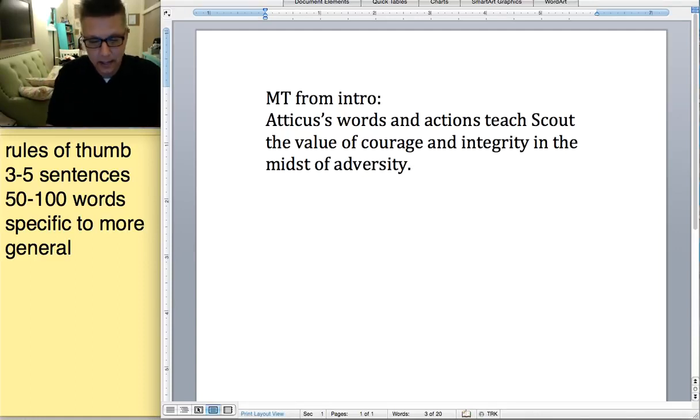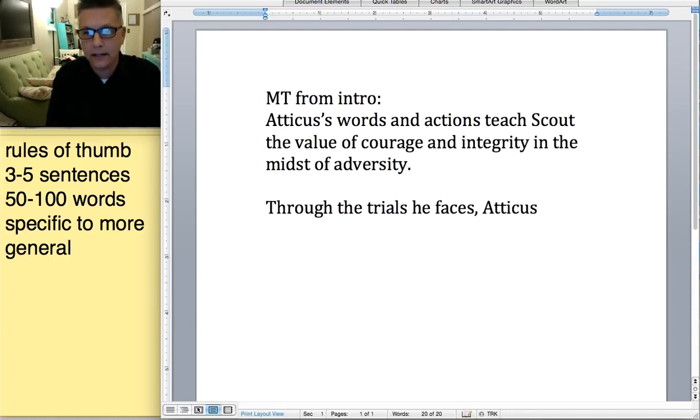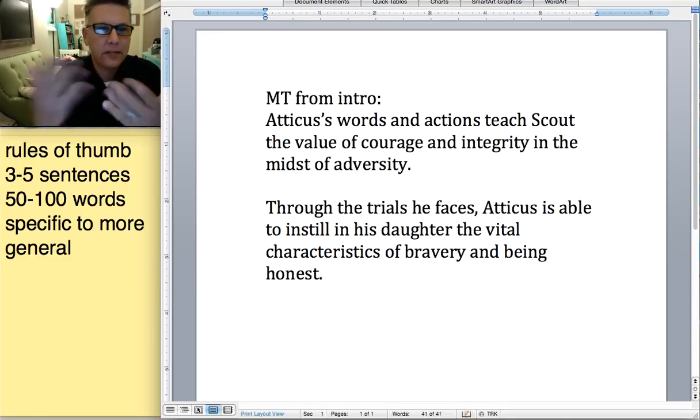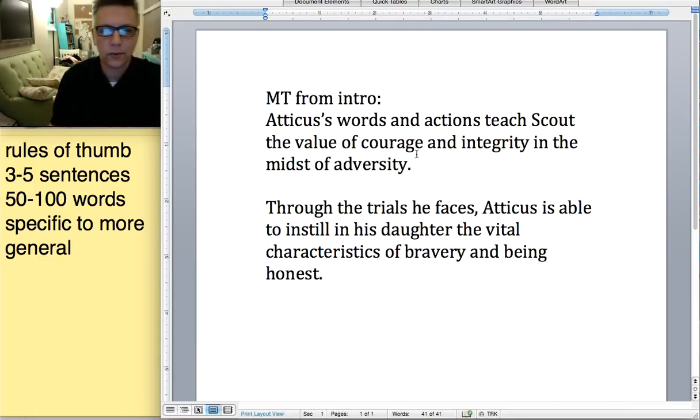So you might do something like, okay, through the trials he faces, Atticus is able to instill in his daughter the vital characteristics of bravery and being honest. Something like that, right? So we just blended it up. I switched up the sentence order and I restated it.